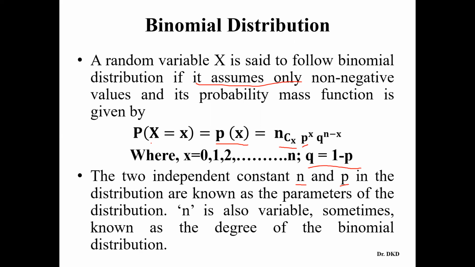Whenever we discuss discrete probability distributions, this formula is known as the probability mass function of the binomial distribution.